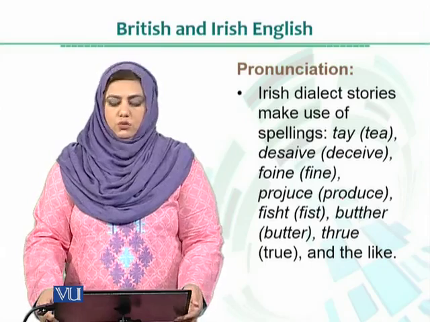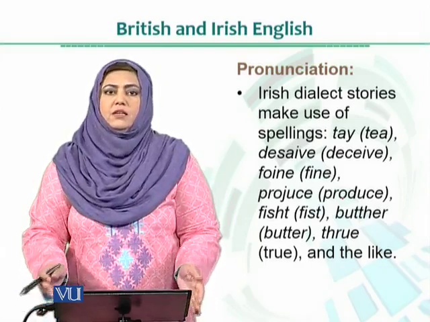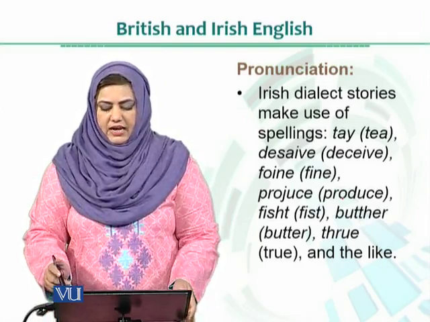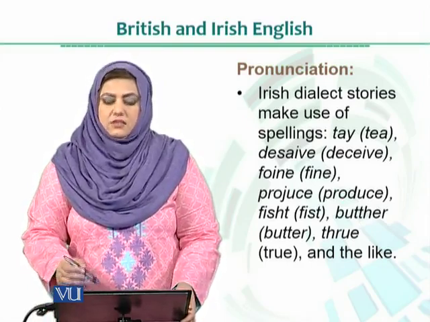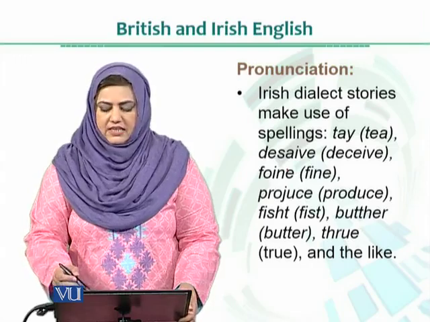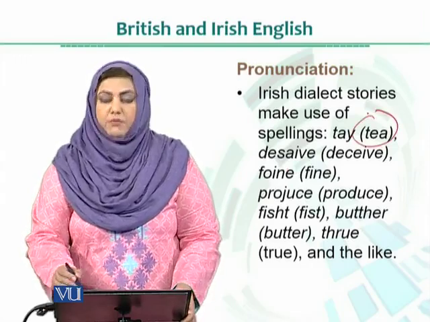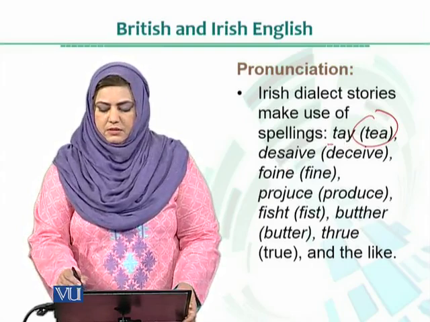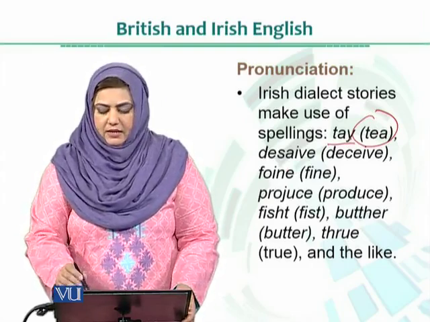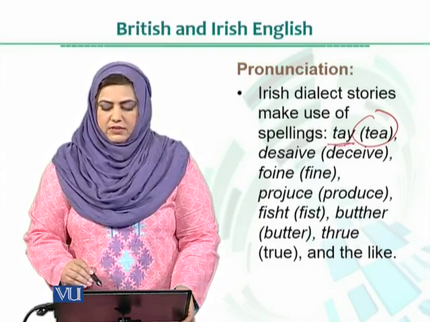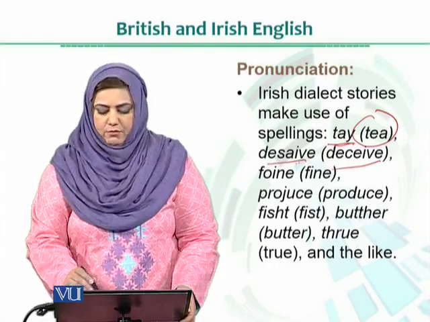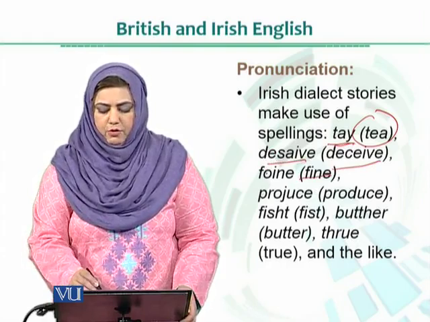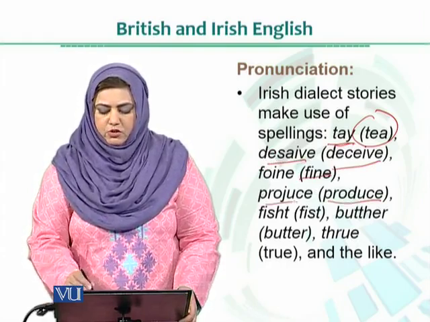Moving towards the pronunciation of Irish English, Irish dialect stories tell us of the use of certain pronunciations and certain spellings. For example, for tea, the spelling used was tay. For deceive, the spelling was decave. For fine, foin. For produce, produce.